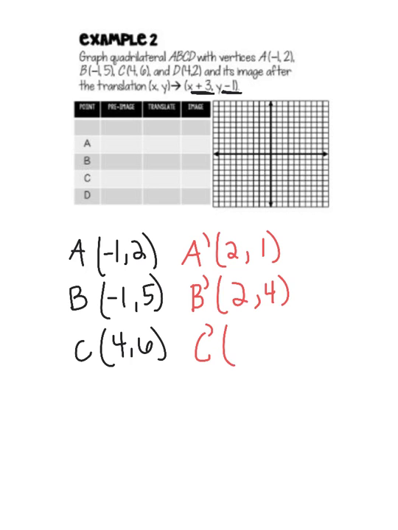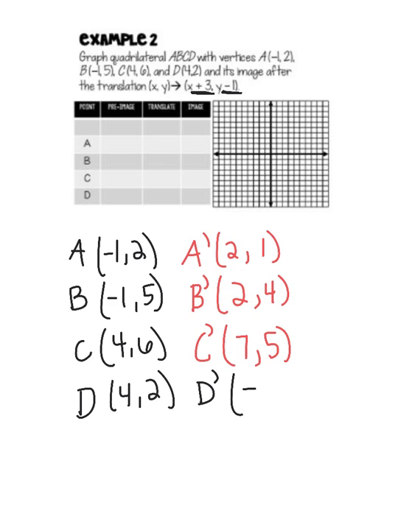So C prime is going to be at 4 plus 3 is 7. 6 minus 1 is 5. Point D is at 4, 2. So D prime would be at 7, 1. D prime is at 7, 1.